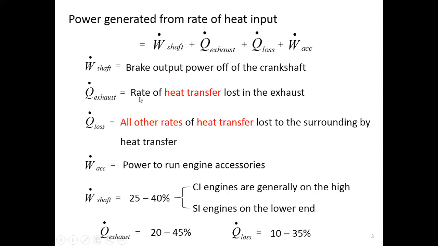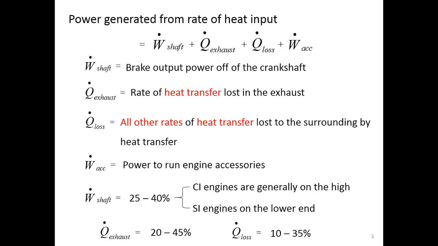We have the rate of heat transfer loss to the exhaust. We have all other losses, or other rates of heat transfer loss to the surroundings. And also we have to contribute some of the power to run the engine accessories.